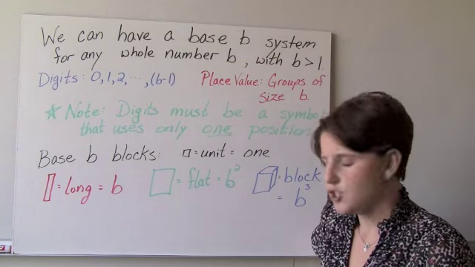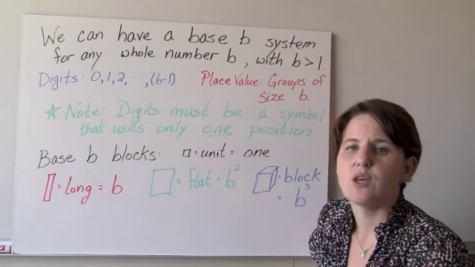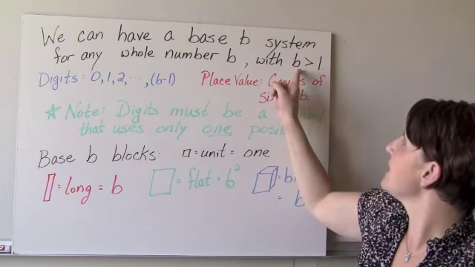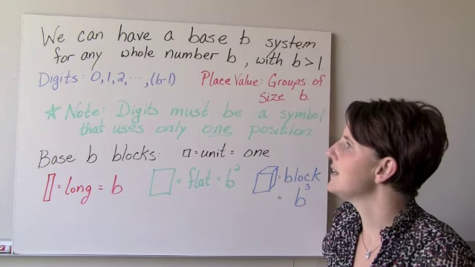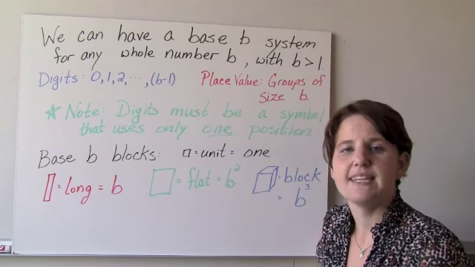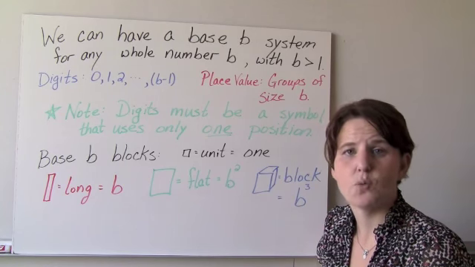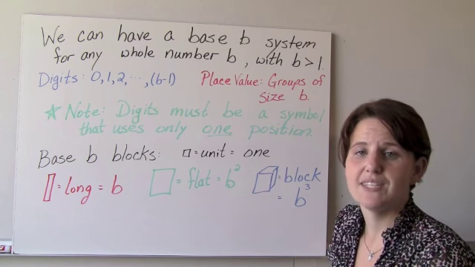So as you can imagine, we can have a base B system for any value of B, as long as B is a whole number that's bigger than 1. And so our base 10 system, we have 10 digits, 0 through 9, and our place value is based on groups of 10.